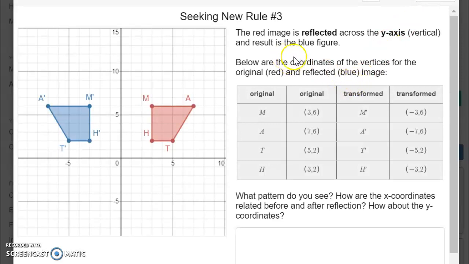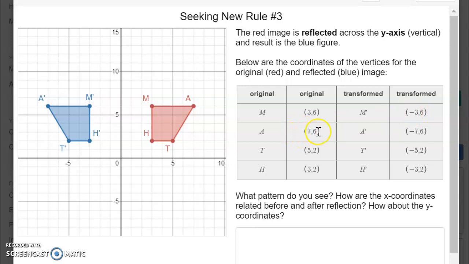Okay, now the red image is reflected across the y-axis. So this is what we discovered. It was a reflection over the y-axis. Below are the coordinates, the vertices of the original red and the reflected blue image. So M and M prime. M has the coordinate (3, 6). M prime has the coordinate (-3, 6).